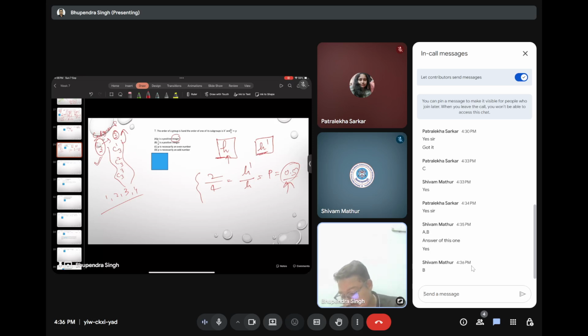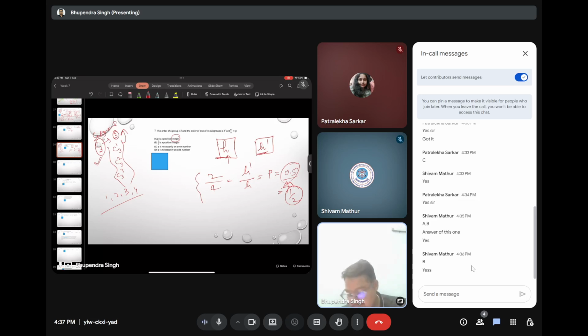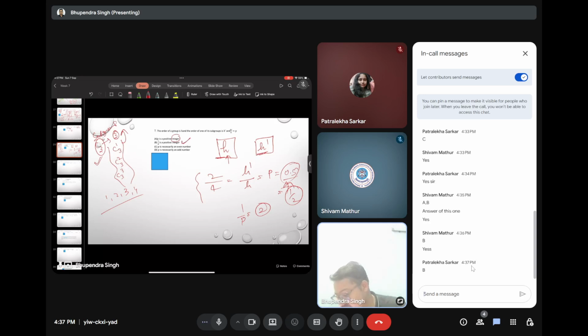It is a fraction, no? It is half. Yes. So 1 by p is 2. It will be the integer.